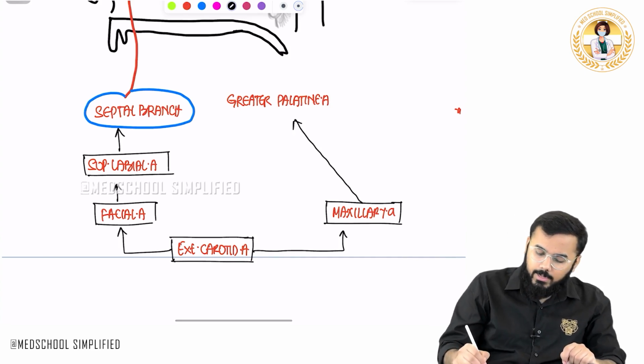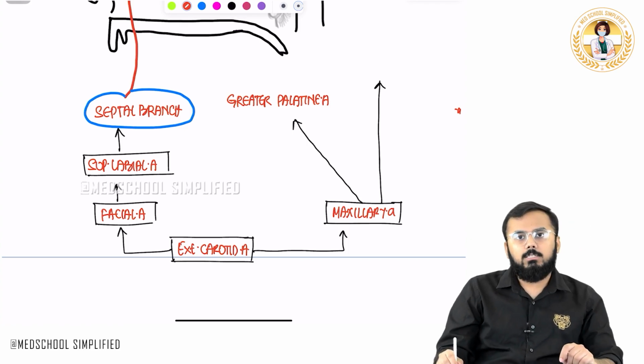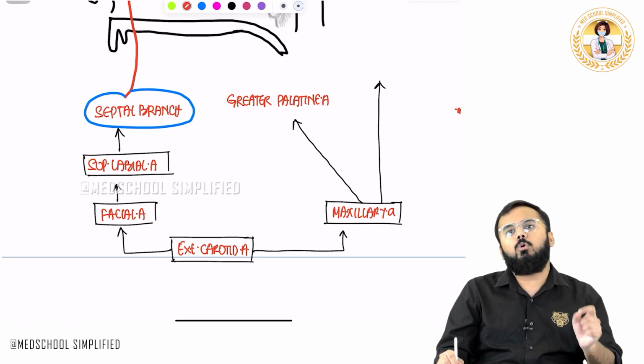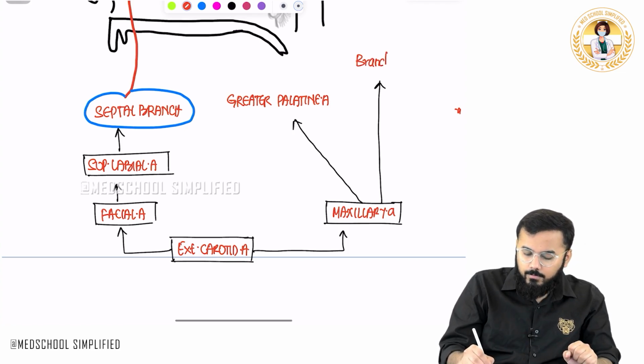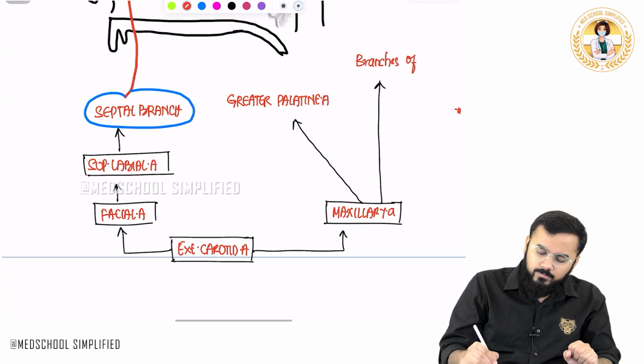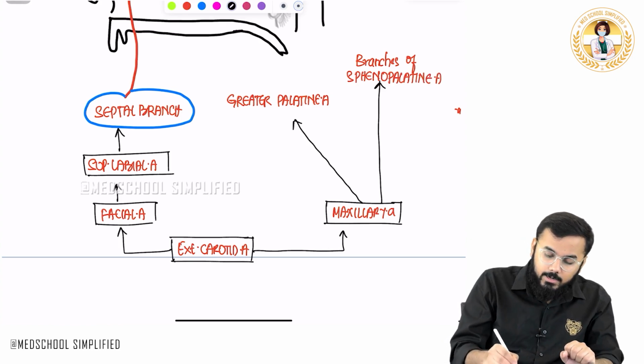Not only the greater palatine artery, it also gives one more branch and that is called the branches of the sphenopalatine artery.